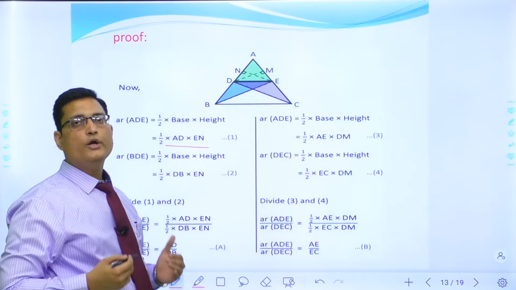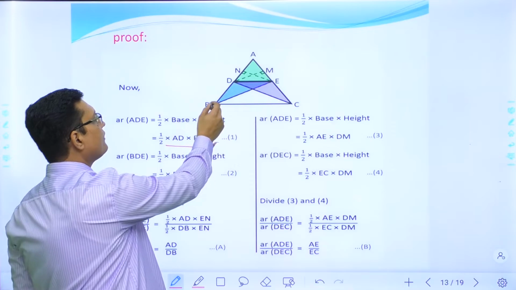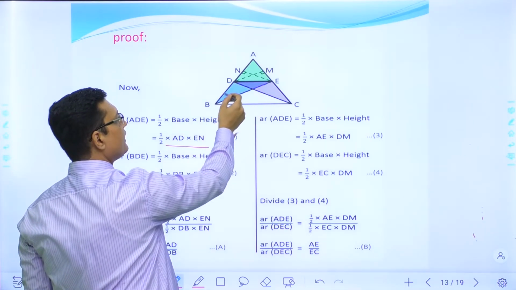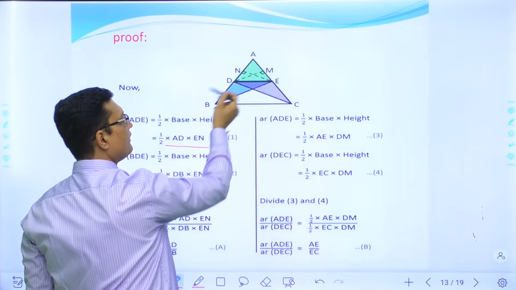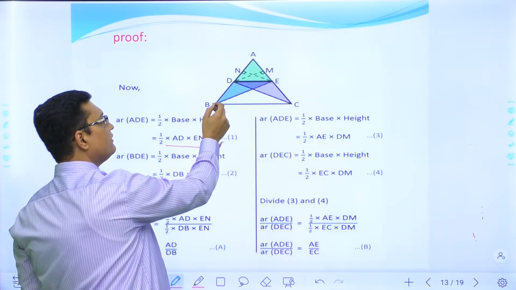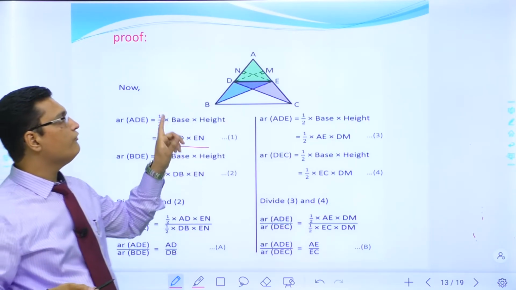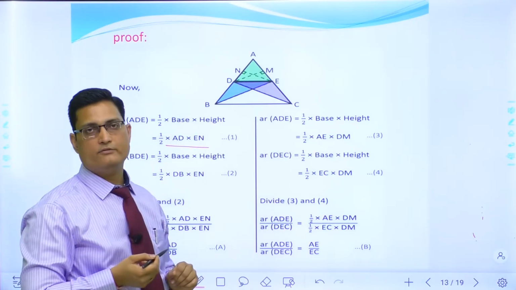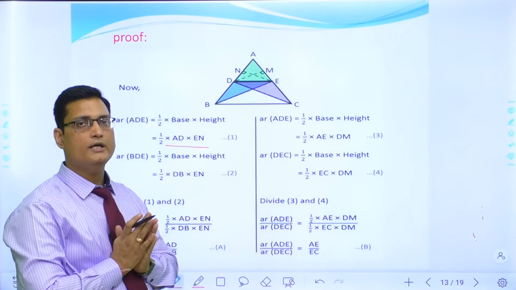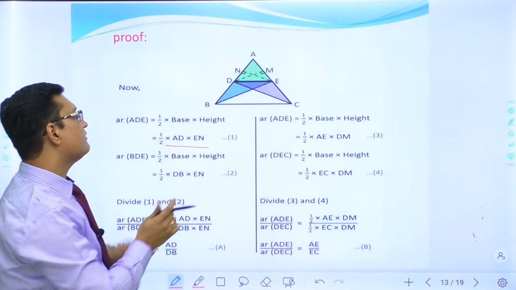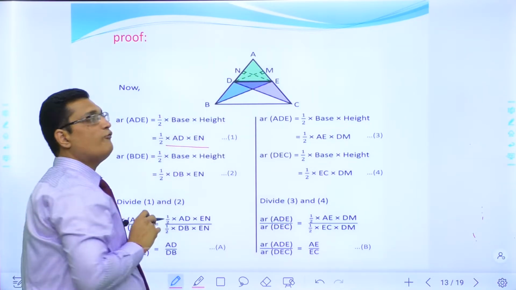Now we are going to find the area of triangle BDE. This triangle, can you see? Yes. Now here this base is BD. Now I am asking a question: what will be the height in this case when we are taking triangle BDE? Yes, it is EN. Why is it EN?